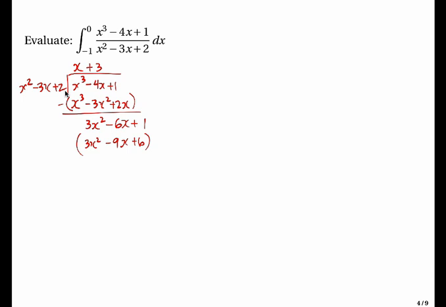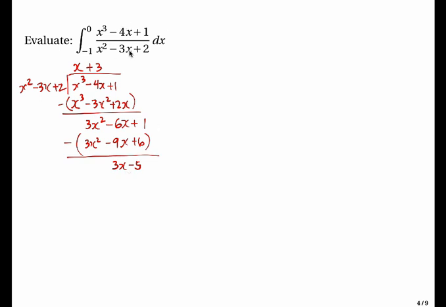And again, we do the subtraction. We will have 3x² - 3x² disappear. We have -6x - (-9x), that's positive 3x. And then 1 - 6, that's -5. And now we have this.